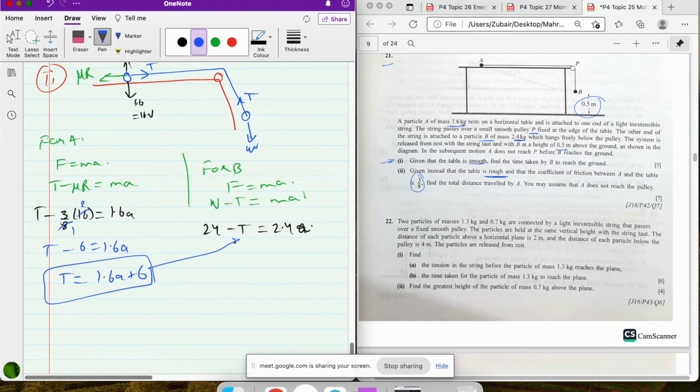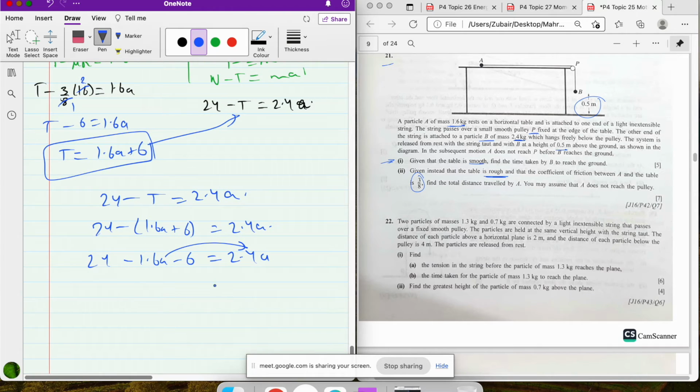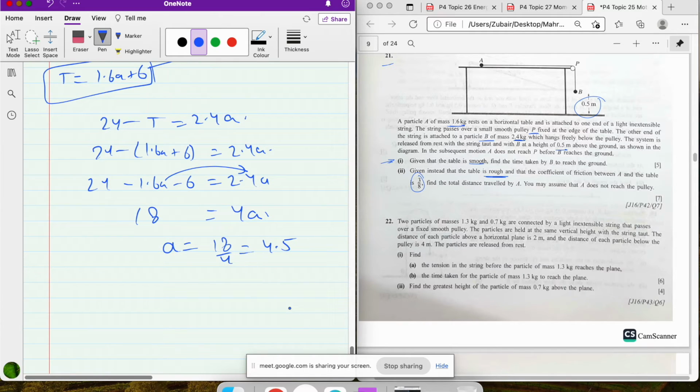Now we'll substitute it in the other equation. 24 minus T equals 2.4a, so 24 minus (1.6a plus 6) equals 2.4a. This goes on the other side and gets added, making it 4a. 24 minus 6 is 18, and the acceleration is 18 by 4, that is 4.5 meters per second squared.